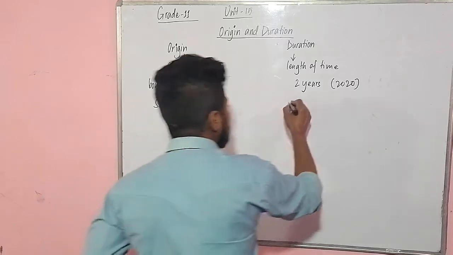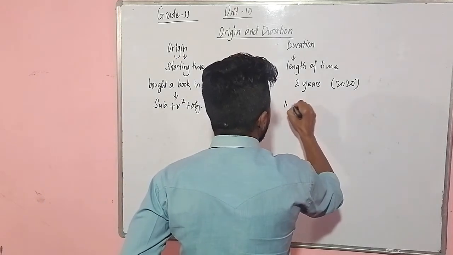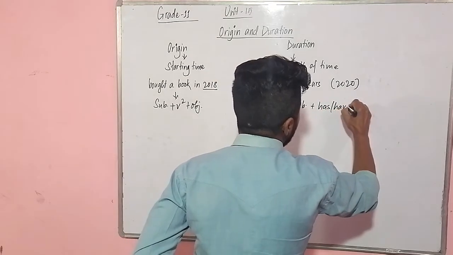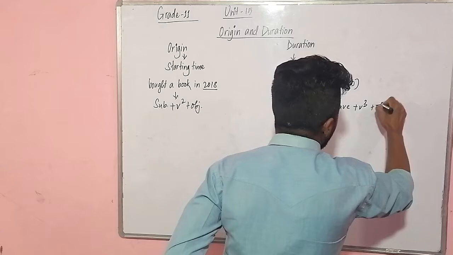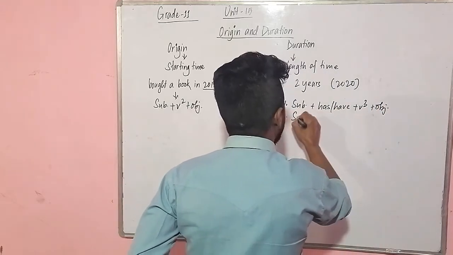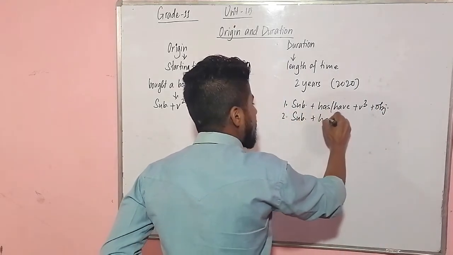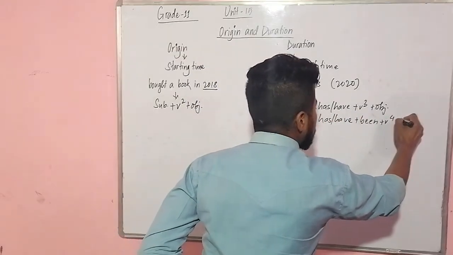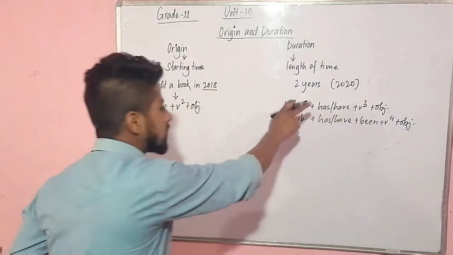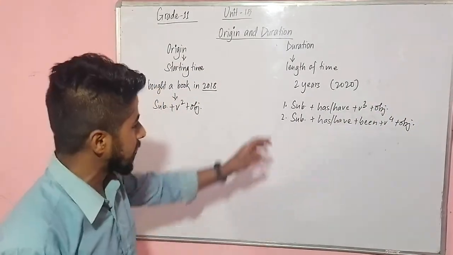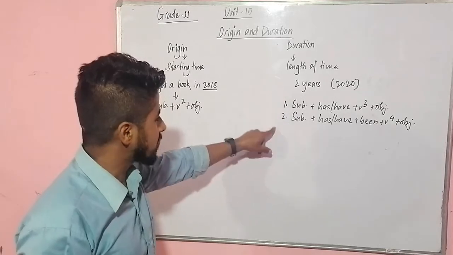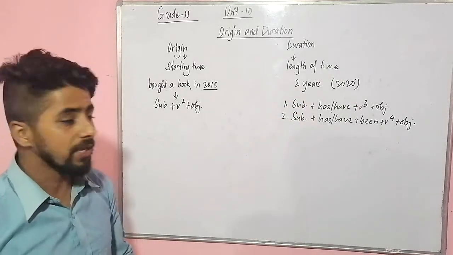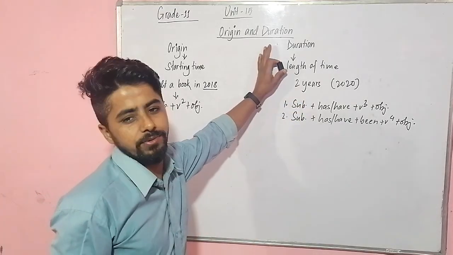Whereas for duration, there are two structures: subject plus has/have plus V3 plus object, which is present perfect tense, and subject plus has/have been plus V4 plus object, which is present perfect continuous tense. These will be used for duration.